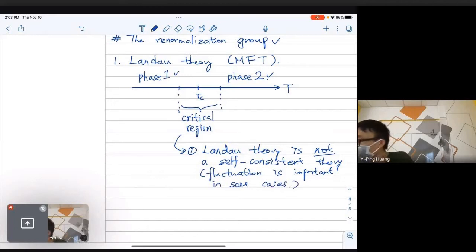We cannot just naively treat what we derive using mean field theory as if the fluctuation is automatically very small.